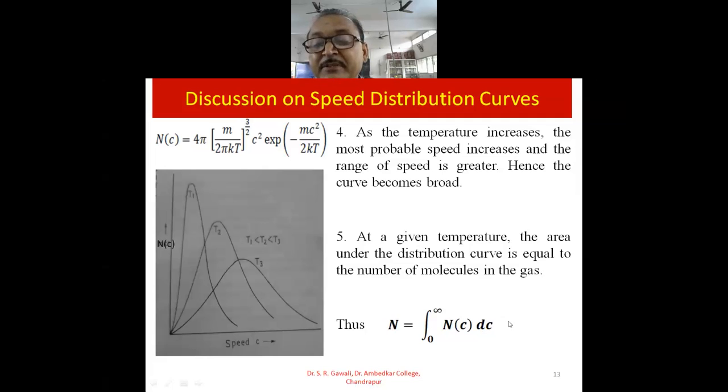The number of molecules present in the ideal gas at a given temperature is nothing but the area under the curve. So we can take any one curve, and the area under the curve is the number of molecules present in the ideal gas.